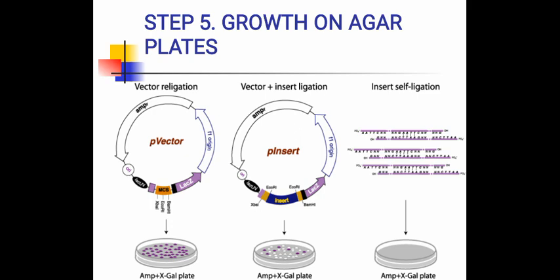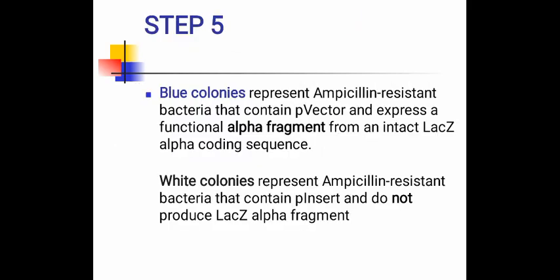Then they undergo mitosis and produce many copies of bacteria, which means we get many copies of the gene that we required.